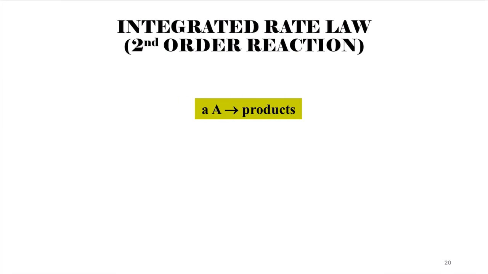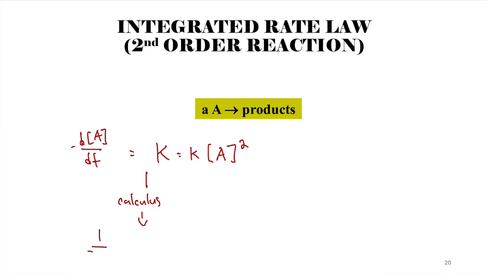All right, so for second order reactions, we have the general form that the rate of the reaction is equal to the rate constant times A to the power of 2, and this was equal to minus the change in the concentration of A over time. We do some calculus, and we get that 1 over the concentration at time t is equal to this rate constant times the time plus 1 over the initial concentration.